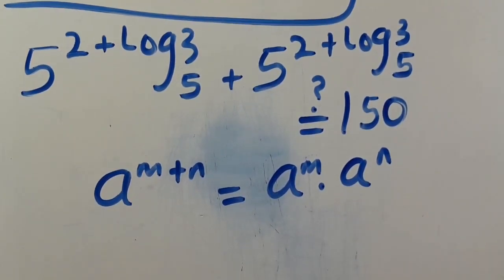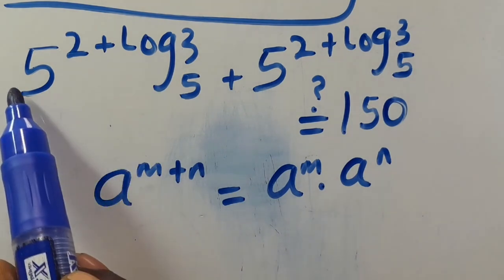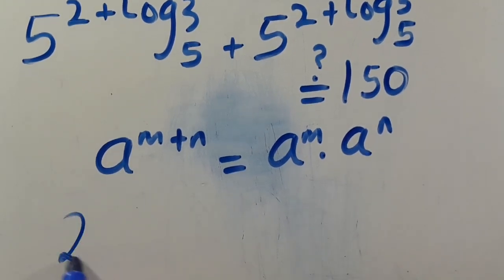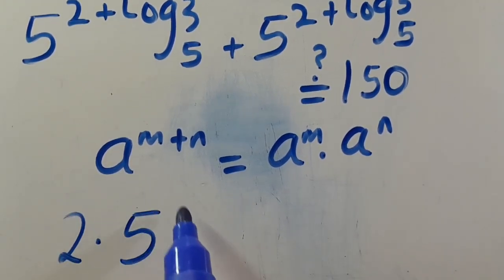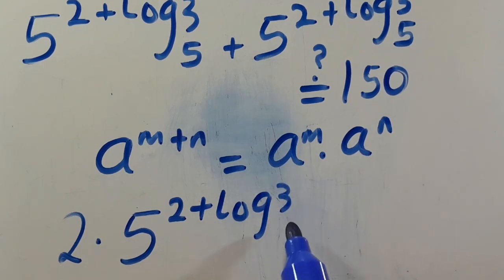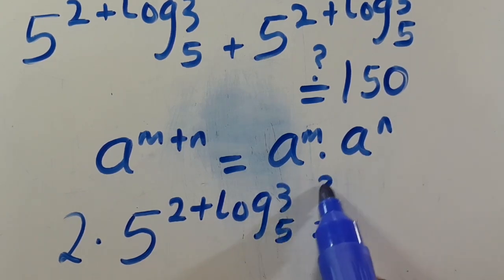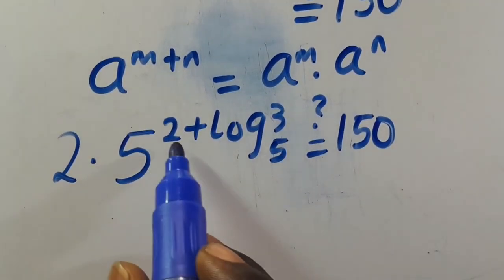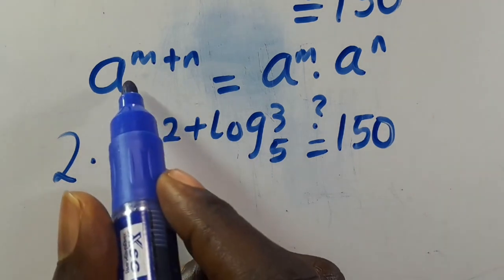By applying it, since so far we have this to be common, we can have it as 2 multiplied by 5 to the power of 2 plus log of 3 in base 5. Then is it going to give us 150? Then we can now apply this ideology here.